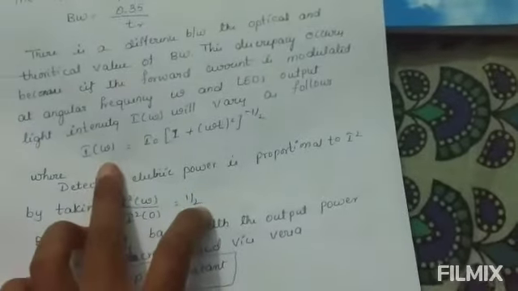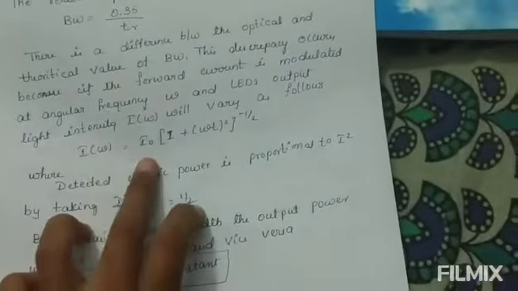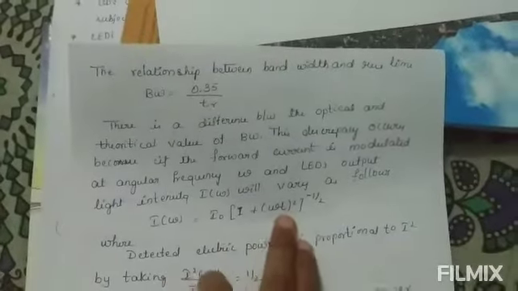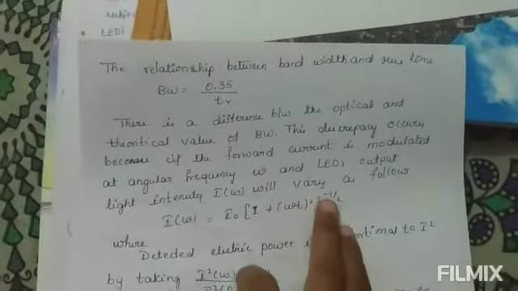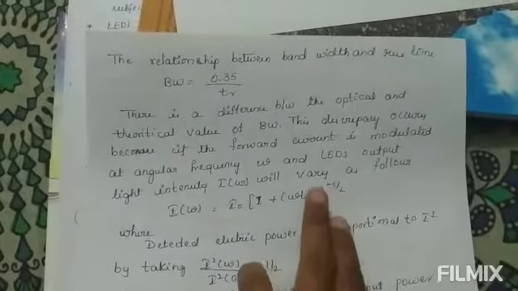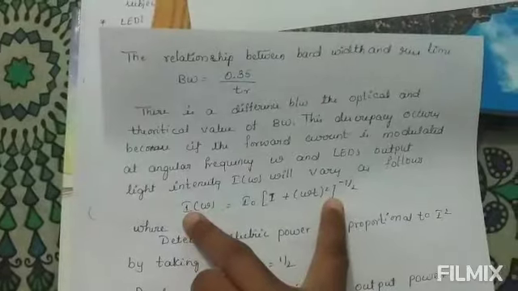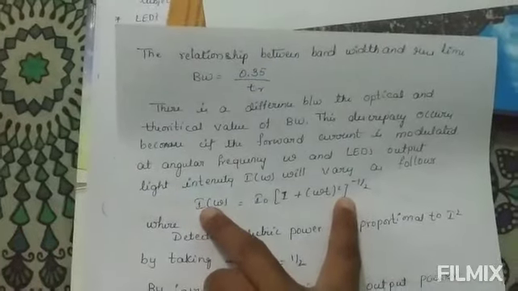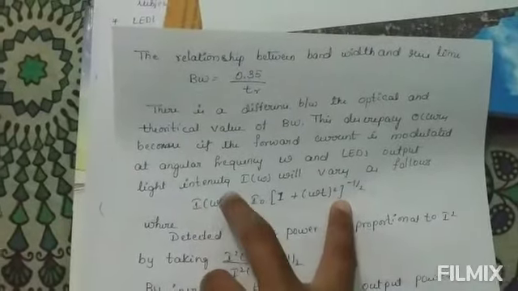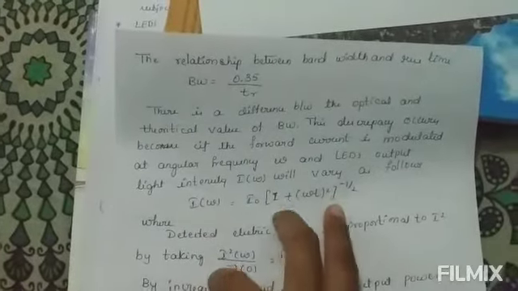And in problem solving we use this formula: I omega is equal to I naught into (1 plus omega tau squared) whole to the power of minus 1 by 2. That means I omega is the light intensity. If you want to calculate the light intensity in LEDs, we use this formula.